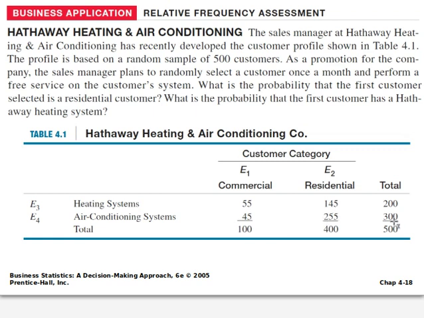For a total of 300 for air conditioning, for heating systems a total of 200. And the total space is 500. Okay.